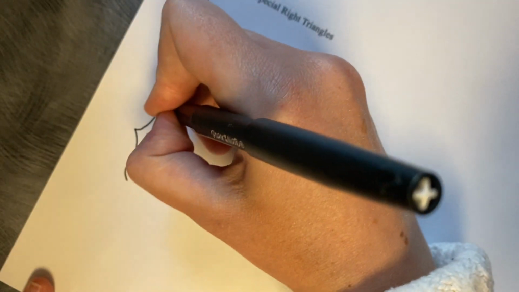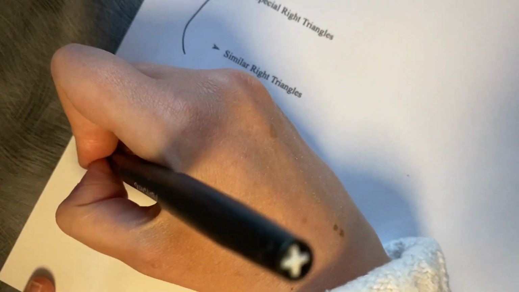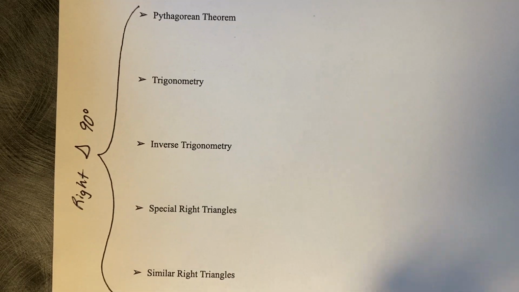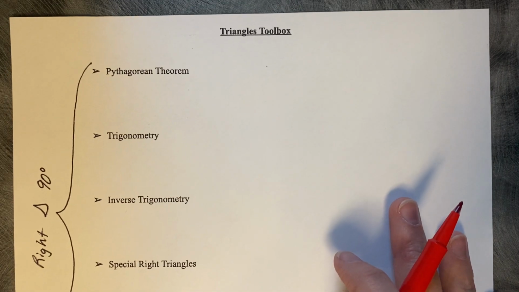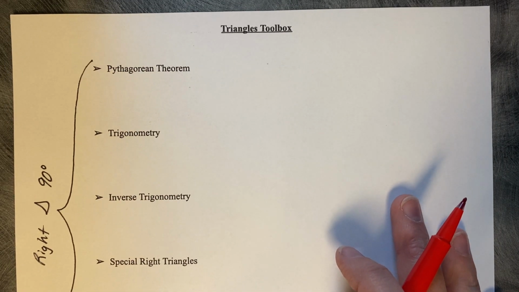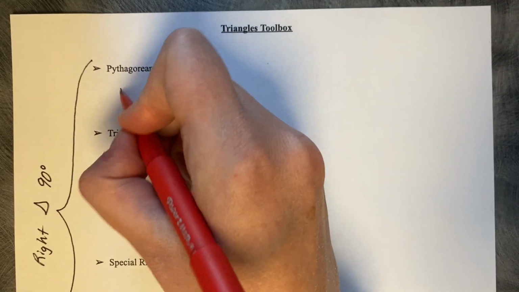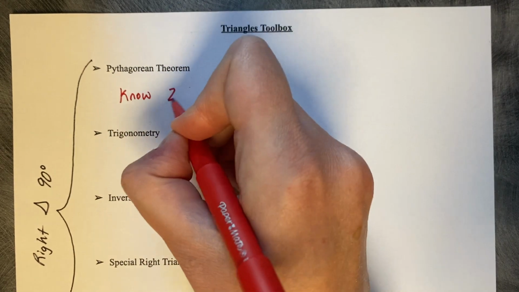But these last two is any triangle. Does not have to be right. So law of sines and law of cosines are used for non-right triangles. So how I'd like to format this is what do you know and what do you want? So for Pythagorean theorem, we know two sides.